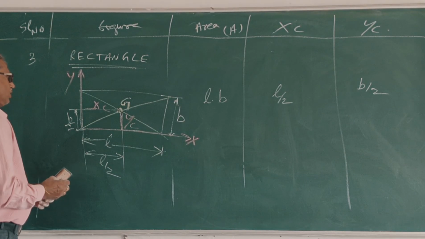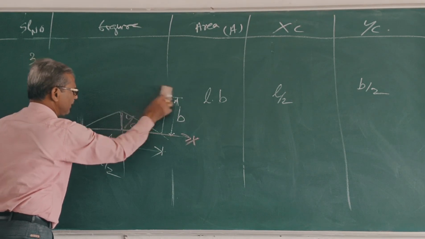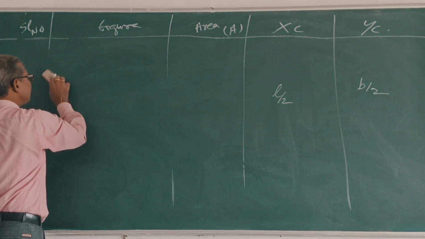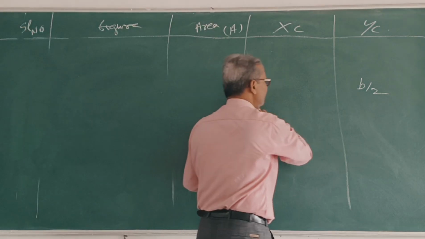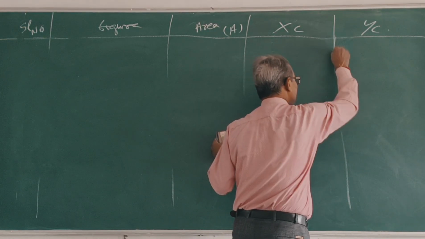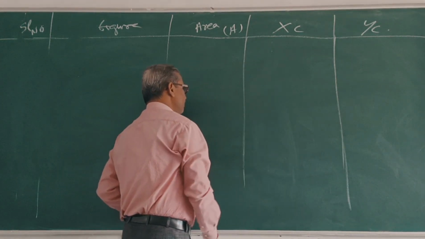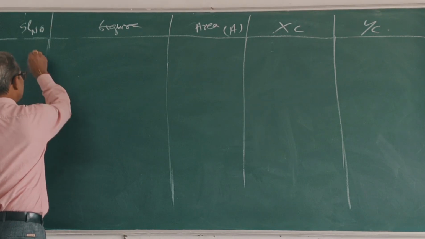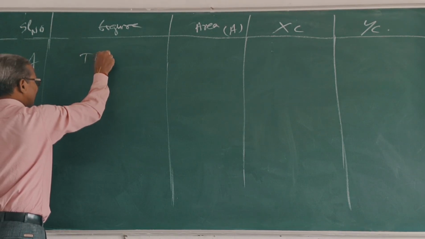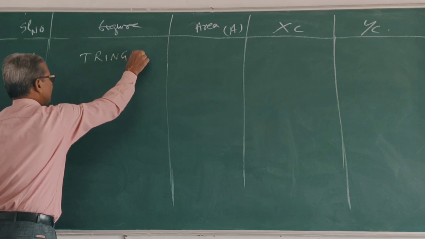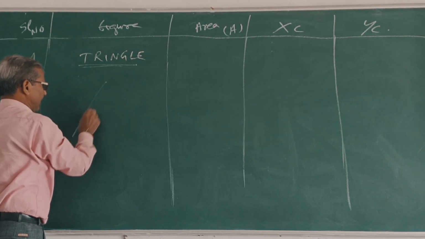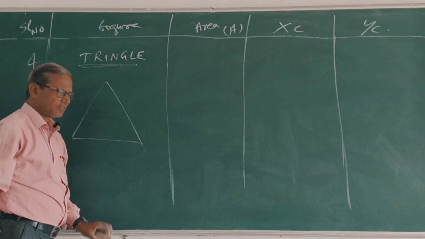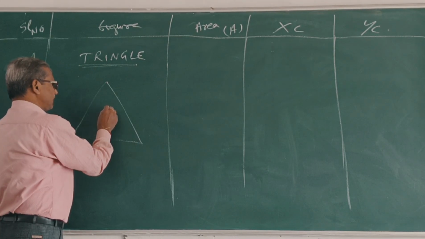Number 4, triangle. This is a symmetric triangle. Suppose this is a symmetric triangle, means the triangle is equally divided.